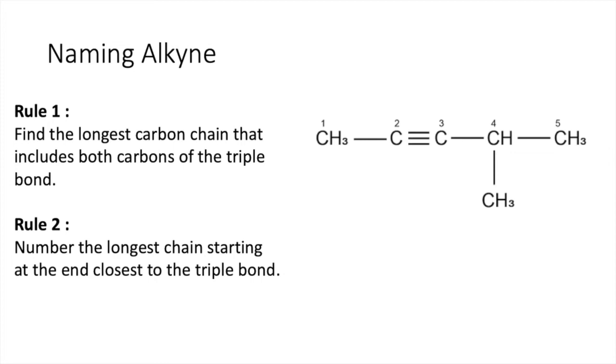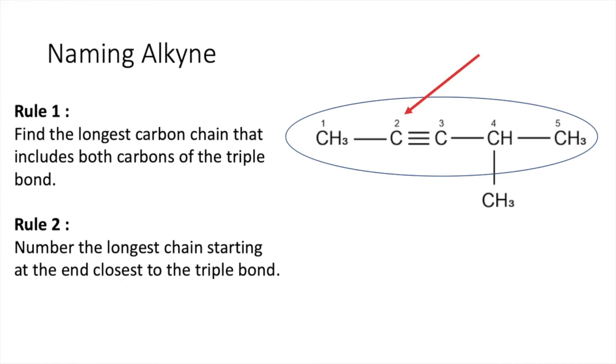So this is an example of an alkyne structure. This is the longest chain. We can start the numbering from the end that is closest to the triple bond. So we start from this end.